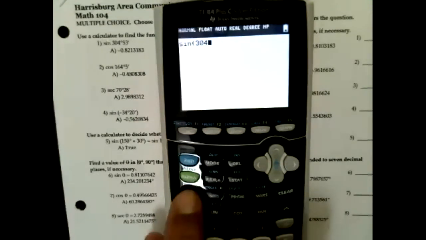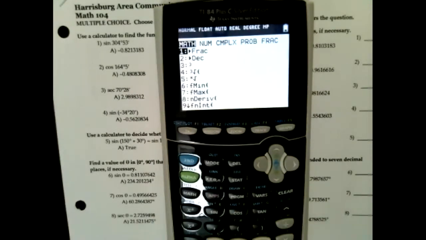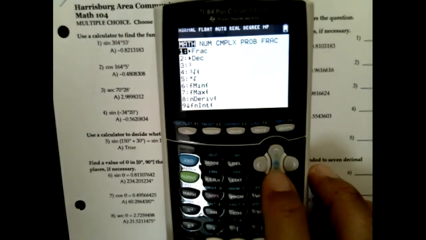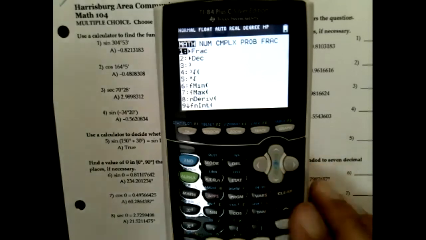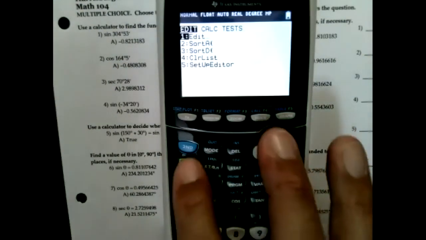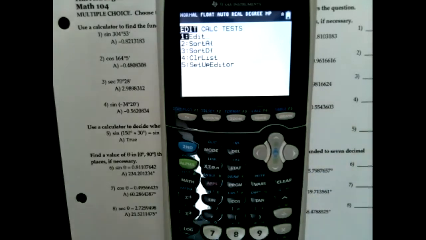Well, let's try math. I think it's apps. I'm sorry, I think it's apps. You think it's stat? Apps. Let me see if I can find an apps button on here. The second apps.